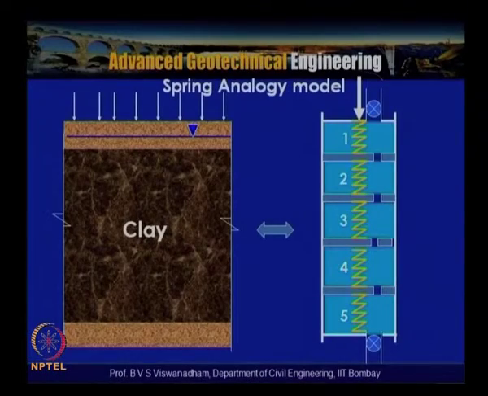Before explaining that, let us look into an extension of this spring analogy model. Previously, for explaining that the total stress is equal to effective stress plus pore water pressure, we used a single spring.